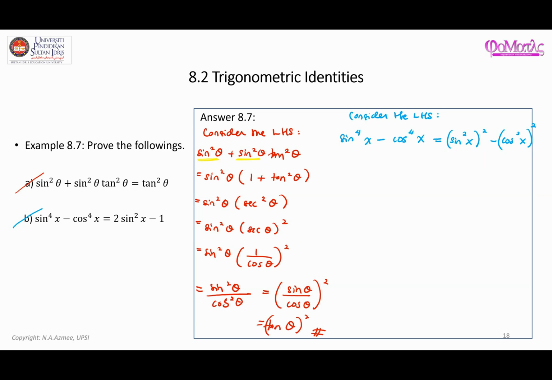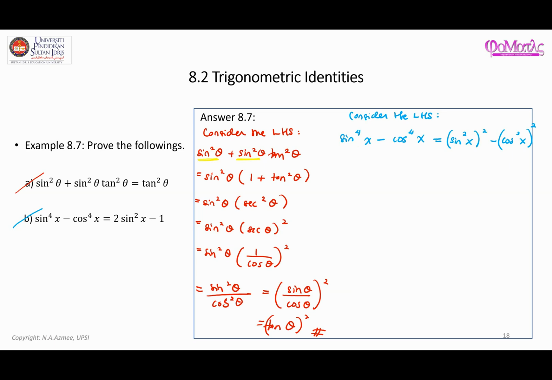To those who are not sure why this is as such, you need to brush up your knowledge related to powers and exponents, which you have seen in the previous chapter. I can't remember whether that is chapter 3 or chapter 4, so you have to refer back to that. 2 times 2 is 4, so that's why you can write it as sine squared x, and then outside is the power of 2.